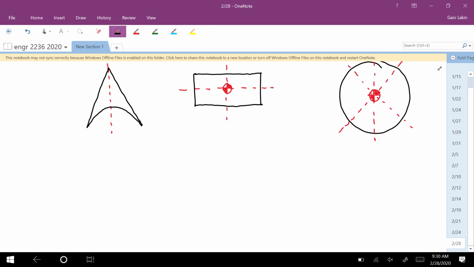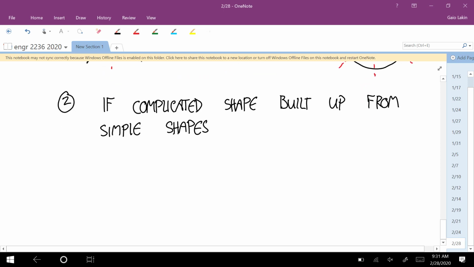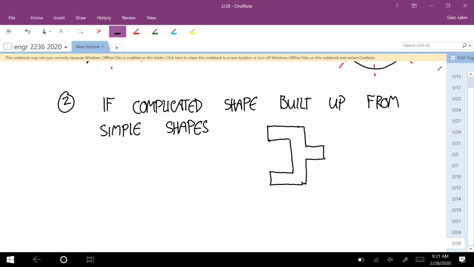Okay, the second thing that's really useful, maybe even more useful than the first one, is that if a complicated shape is made up of a combination of simple shapes, so for example, if you're trying to calculate the centroid of something like this, well, there's no table anywhere that gives you a formula for the centroid of that shape.